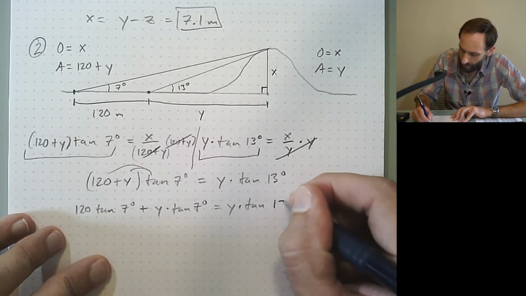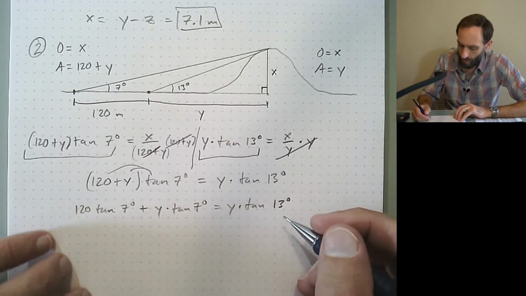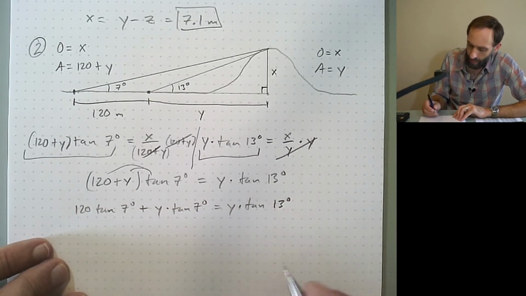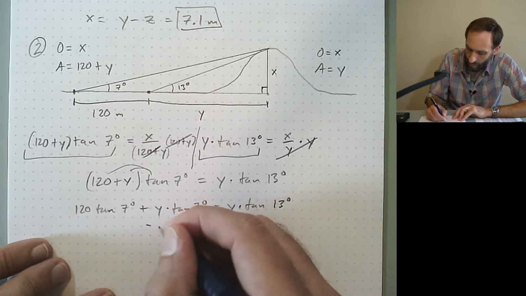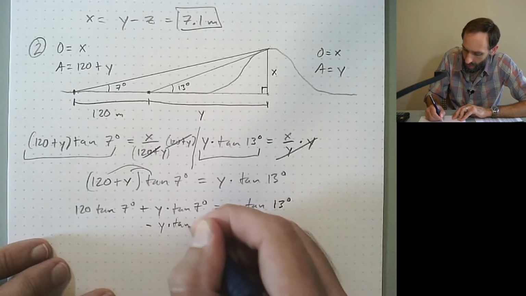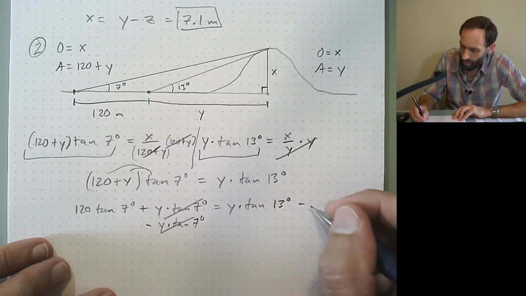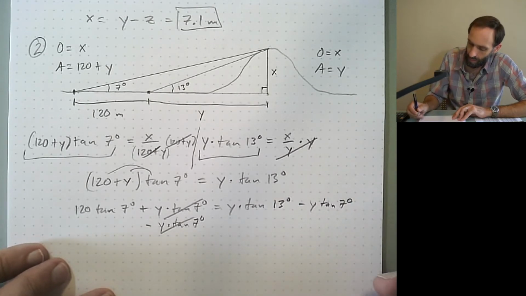So then we have these two y's here. Let's subtract this one from both sides. So subtract y times tangent 7 degrees and subtract y tangent 7 degrees.